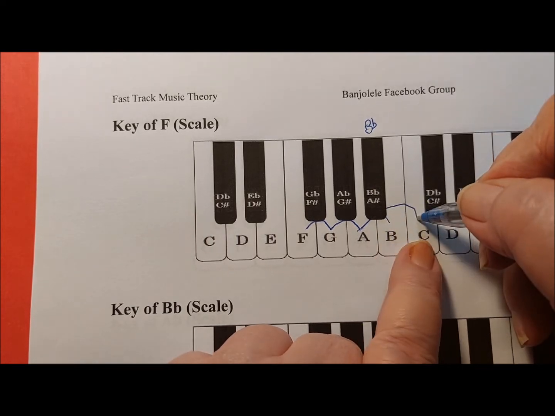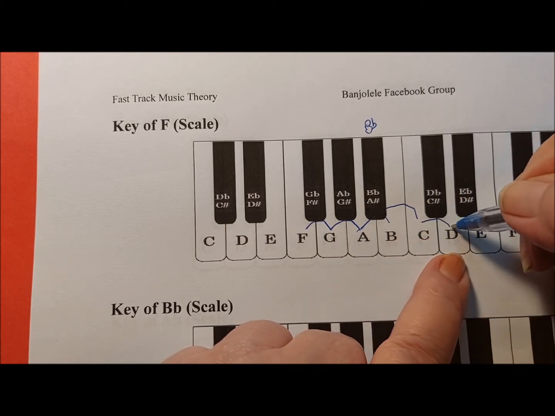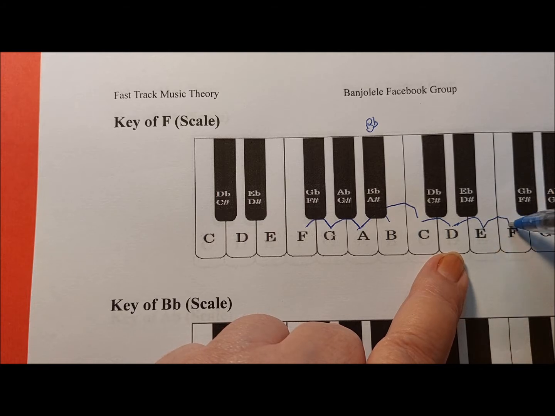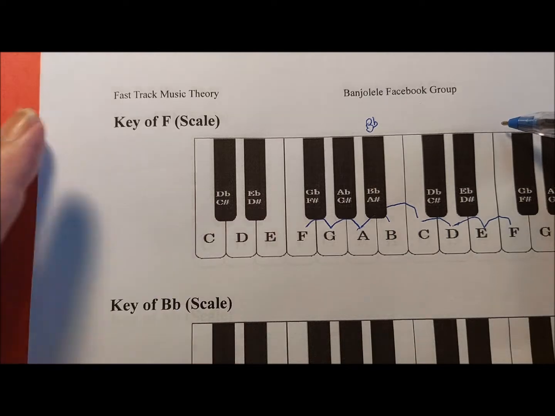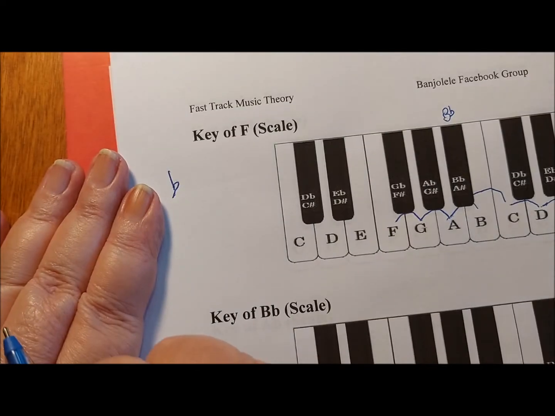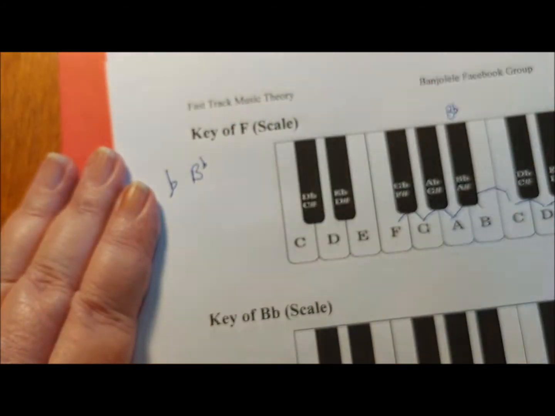So we go C, whole step, whole step, whole step, half step. So there's only one flat in the key of F, and that's B flat.